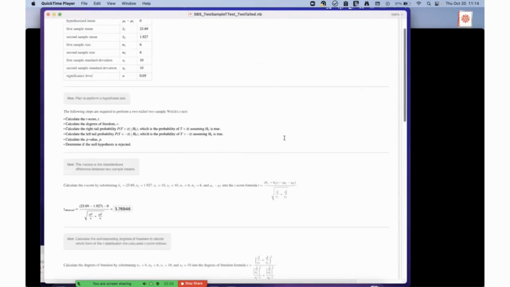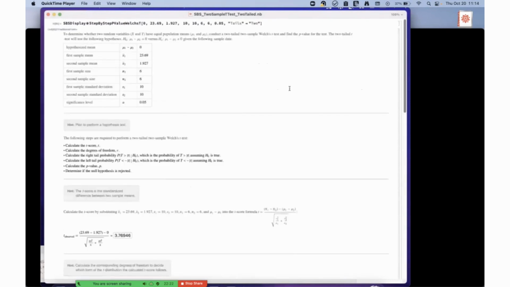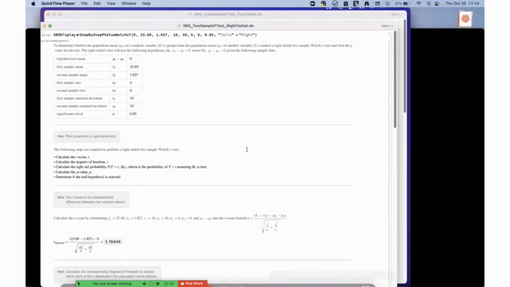The user also has control over the directionality of the t-test. The user can choose the direction of the t-test from a drop-down menu containing options to perform a two-tailed t-test, a left-tailed t-test, or a right-tailed t-test. And here is an example of a right-tailed t-test.